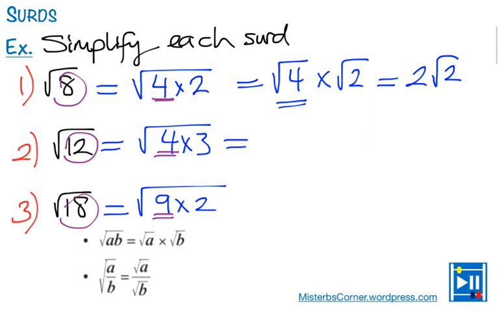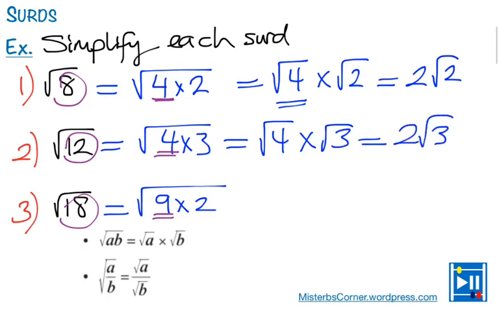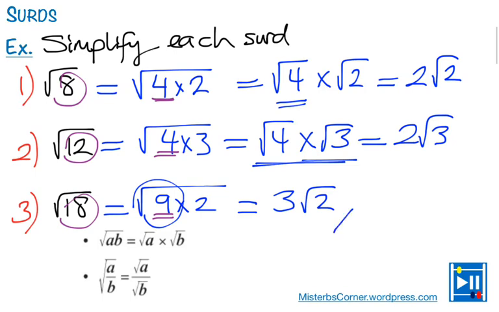And that's going to be square root of 4 times square root of 3, and it's going to be 2 root 3. And now I can skip this step actually and directly write down 3 root 2, knowing that I can take the square root of 9 and take it outside the square root and write it as a simple 3 root 2.